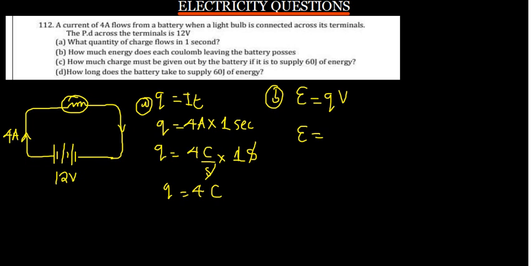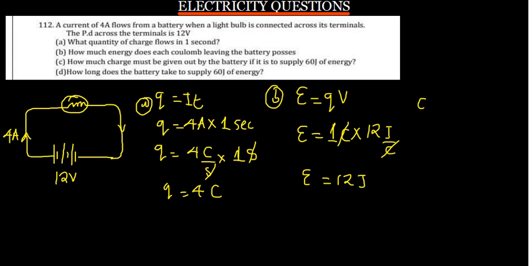One. So that would be 1 coulomb multiplied by voltage. Voltage in this circuit is 12 volts. Now a volt is the same as joule per coulomb. Like 1 volt is 1 joule per coulomb. So this coulomb and this coulomb will cancel. Therefore energy will be 12 joules.